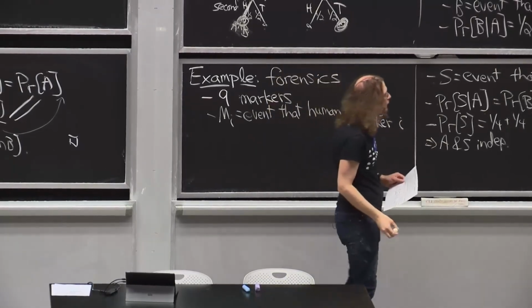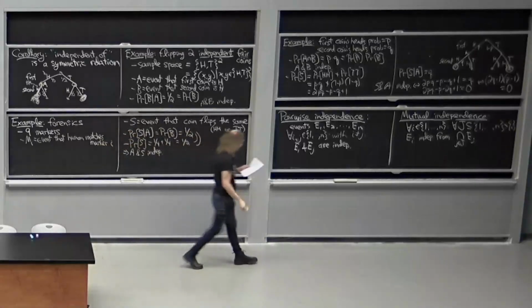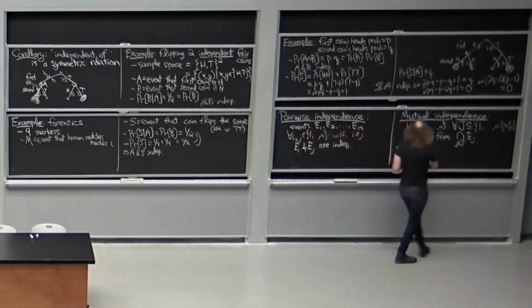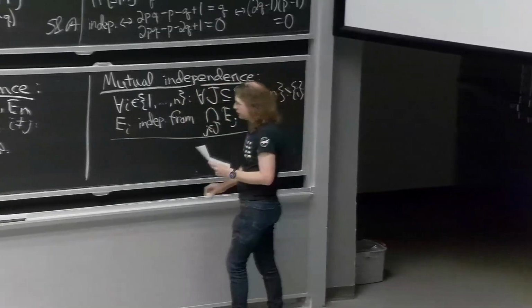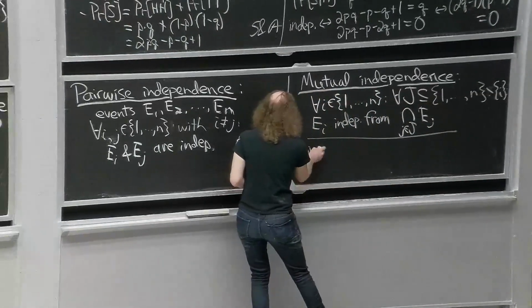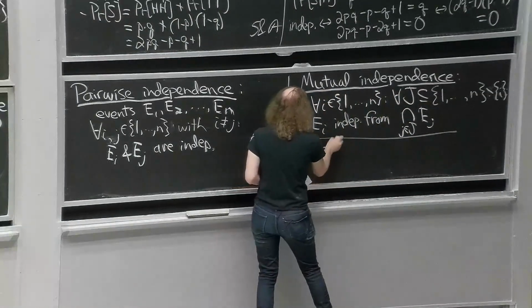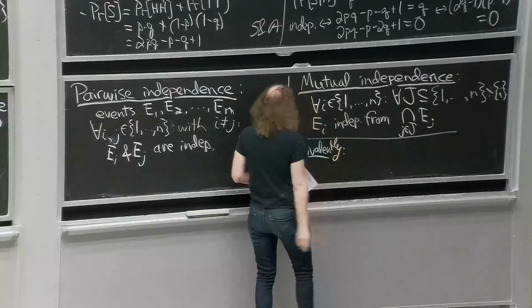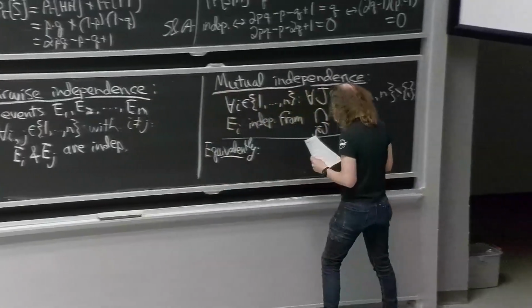I should tell you another version of mutual independence, which is useful. Equivalently, this is the product rule form.